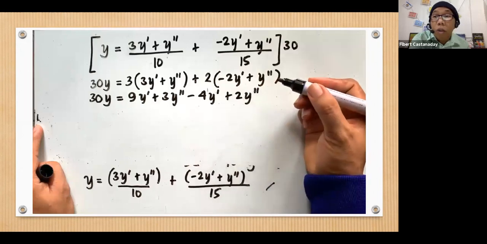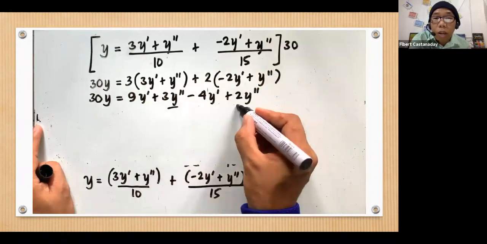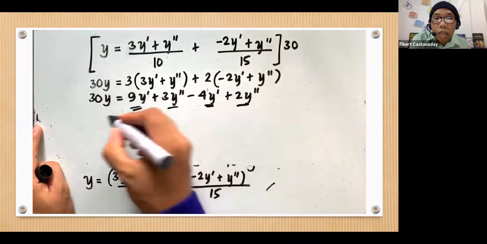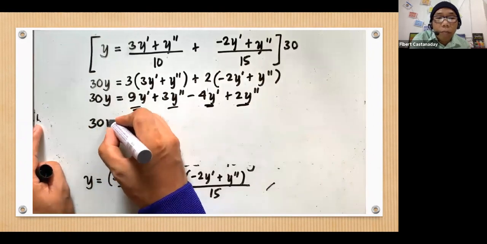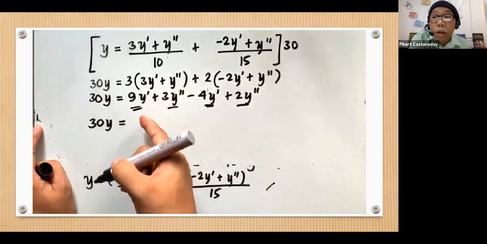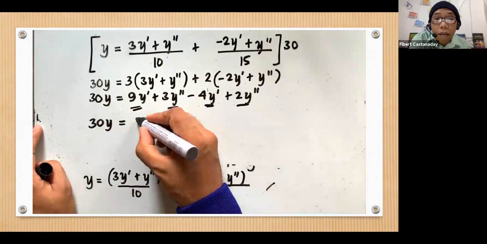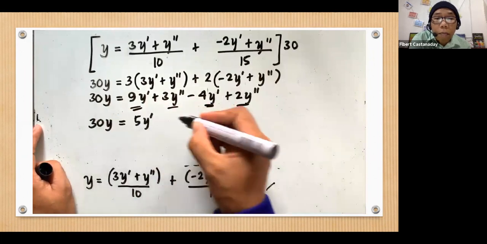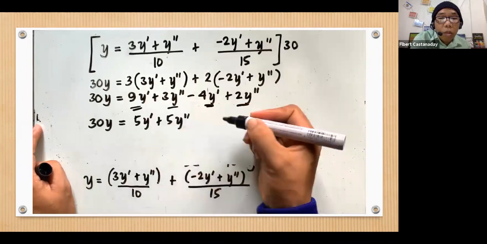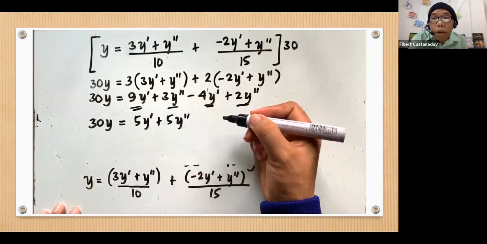In this part, you combine like terms. So you have y double prime, y double prime, y prime, and y prime. Just copy 30y. 9y prime minus 4y prime gives you 5y prime, and 3y double prime plus 2y double prime is 5y double prime.